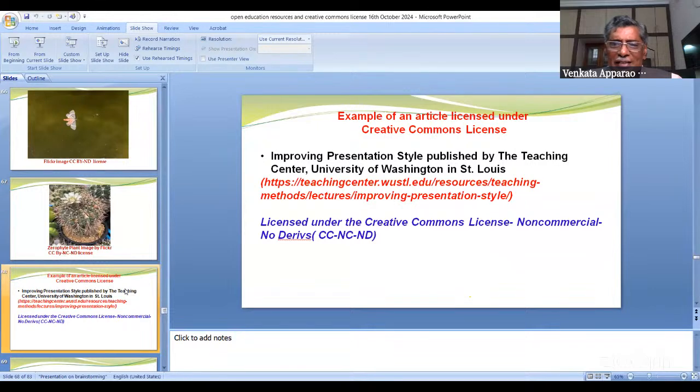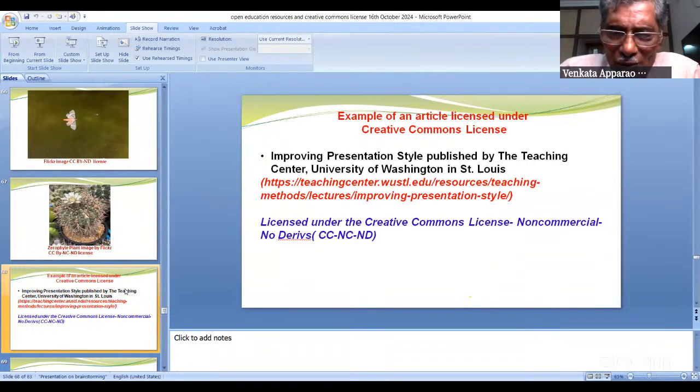Examples of an article licensed under a Creative Commons license. I have shown the images and the video. This is an example: Improving Presentation Style. That is the title of the article. It's a very good article.